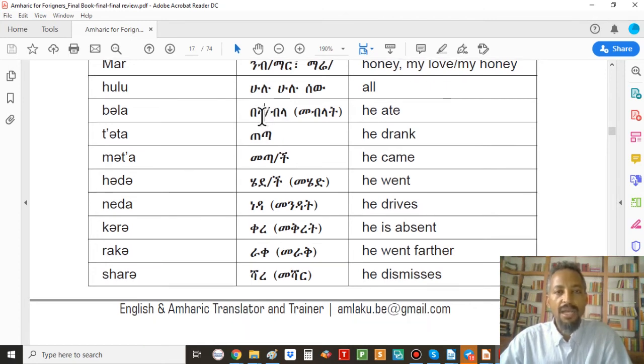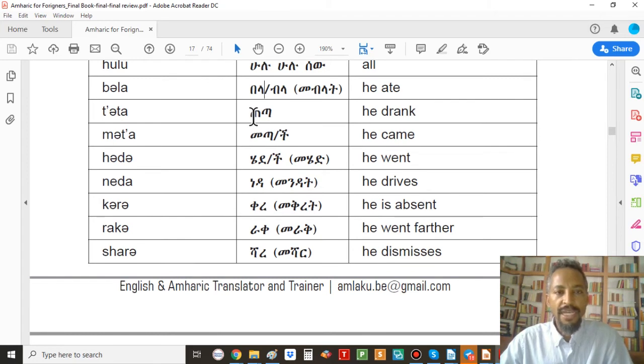Bella is one word conjugated from the verb meblat: bella, he ate. Bela is another conjugated form of the verb meblat: you eat. So there are two different words, but I put them here because both are from one verb meblat, and both are two-sound or two-letter words.